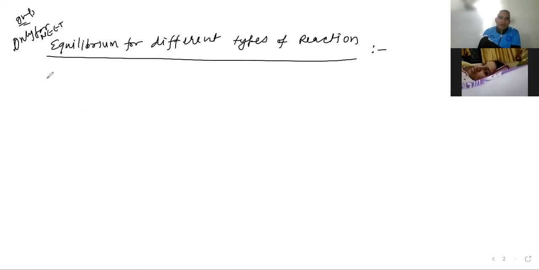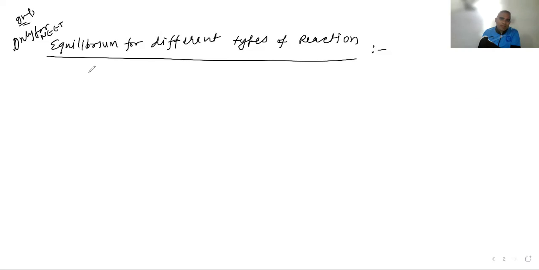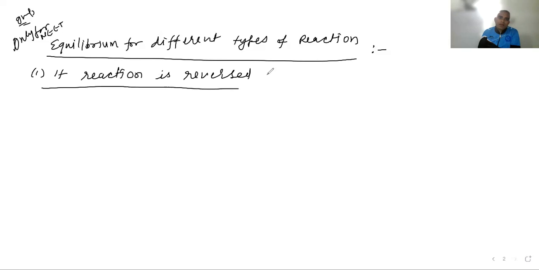So how will the equilibrium constant be written for different types of reaction? Suppose the reaction is reversed. Case one: if the reaction is reversed, we calculate Kc dash.